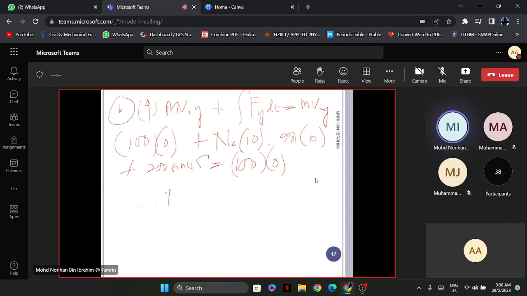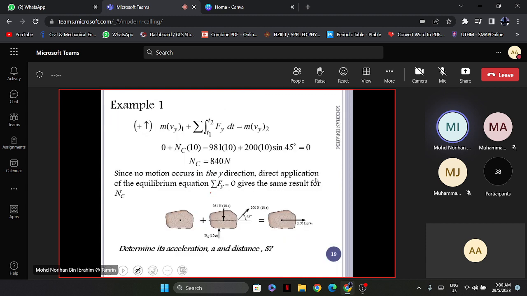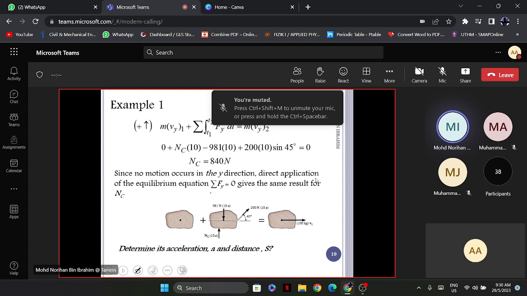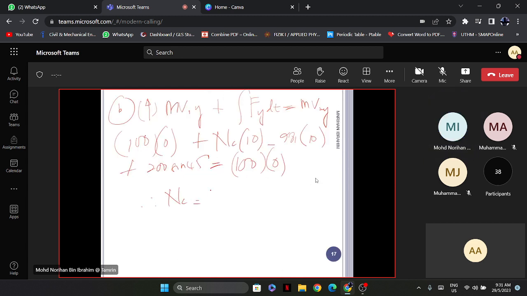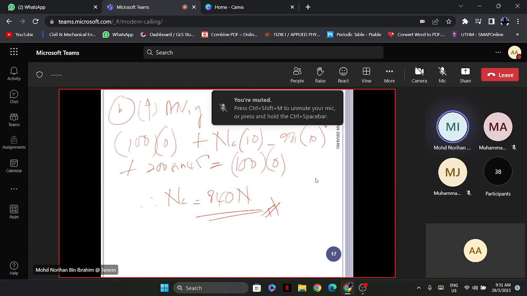At the end you get NC equal to 840 Newton, and this is what we call the normal force.